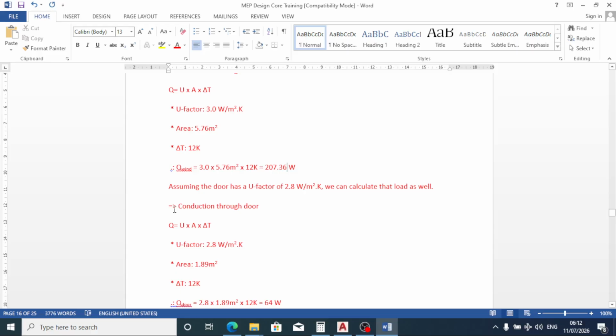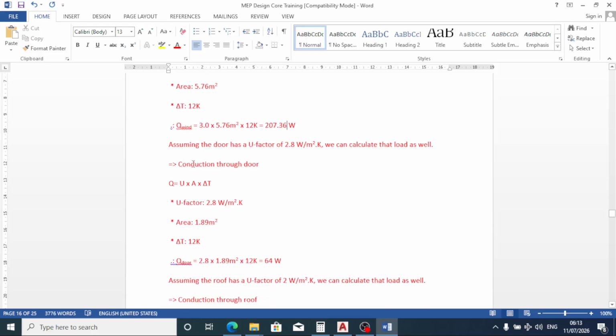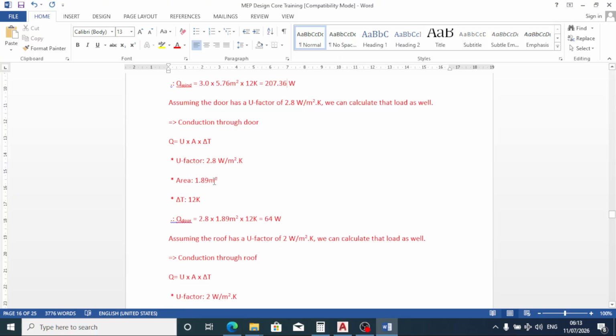Now for our door, the same thing. We don't have the schedule for the door, so we can assume 2.8. Let's assume it's a Turkish steel door, so I think 2.8 is okay. Now our door area is 1.89 meters squared, 2.8.